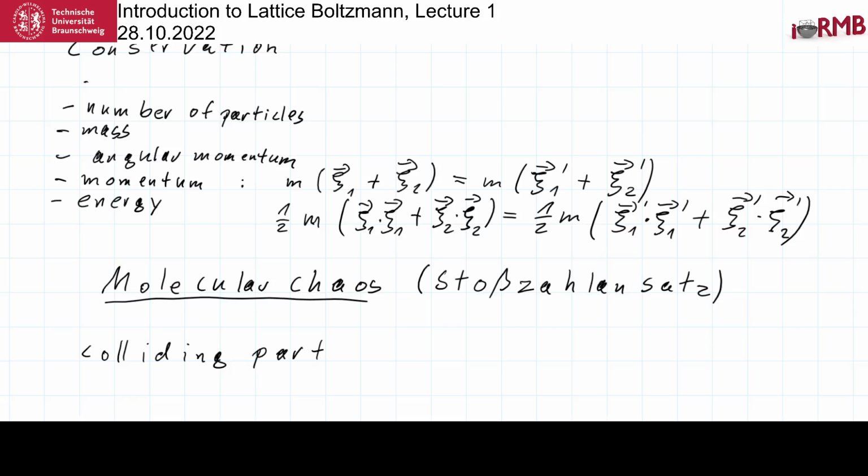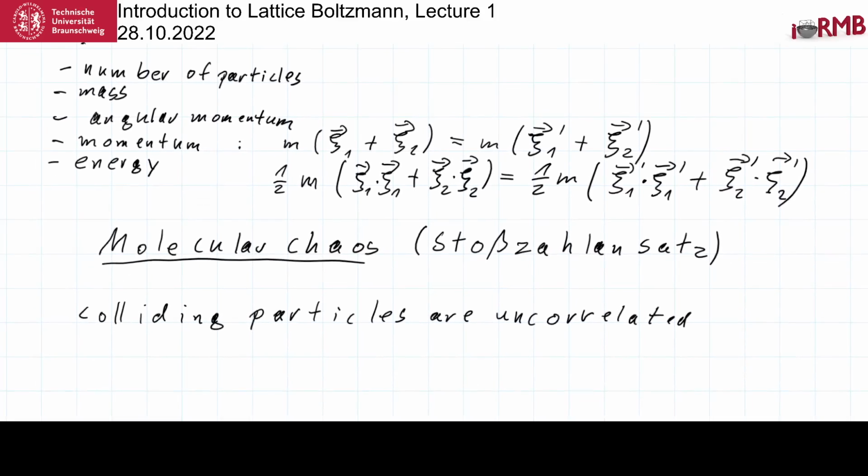And for this to be true, the particles should not know anything about each other beforehand, which mathematically expressed is: colliding particles are uncorrelated. So what does uncorrelated mean? It means that if I give you one particle, and you know everything about this one particle, you still know nothing about every other particle. This means uncorrelated.